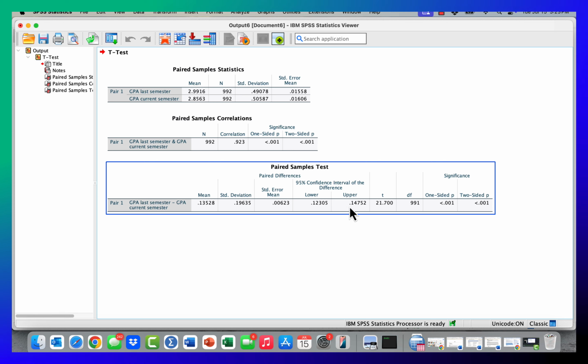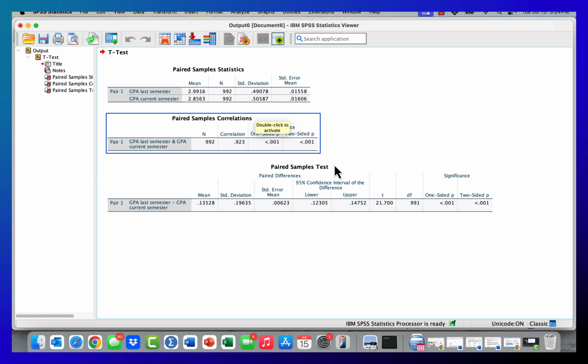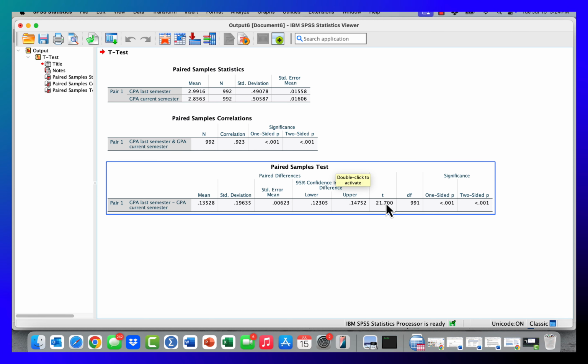Here's our confidence interval of the difference, and then here's our t-statistic. There's no zero in our confidence interval, which tells us something promising, that perhaps our difference is statistically significant. Then we come to our t-statistic, which is quite large, and we could look it up in our table.